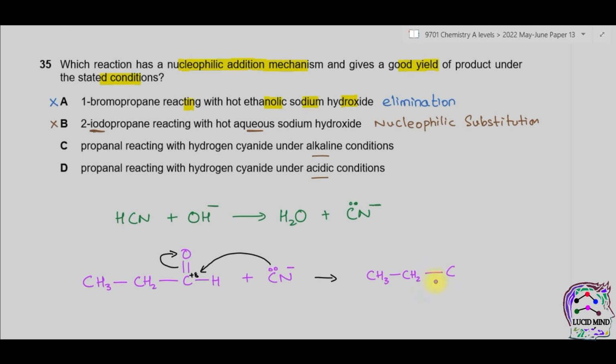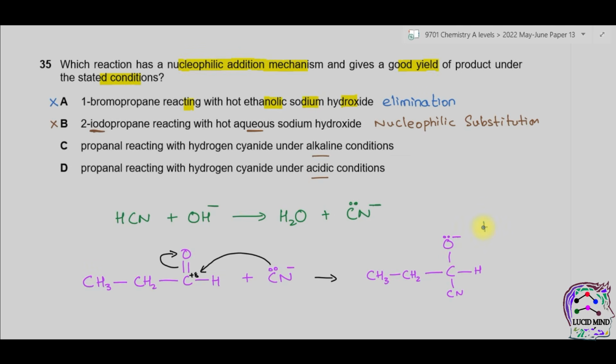Then with this carbon, CN will be attached, hydrogen is already there, and this oxygen will become negative. Now this oxygen can take a hydrogen atom from HCN.